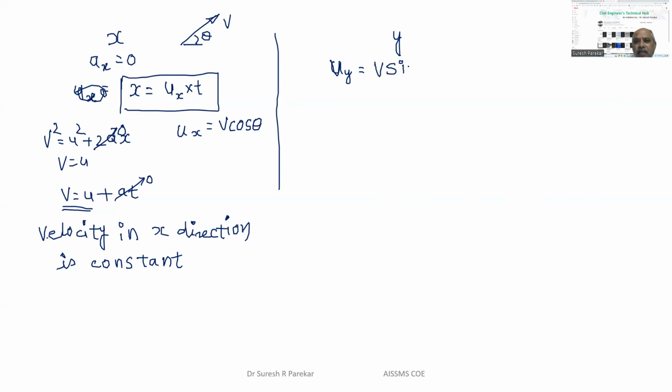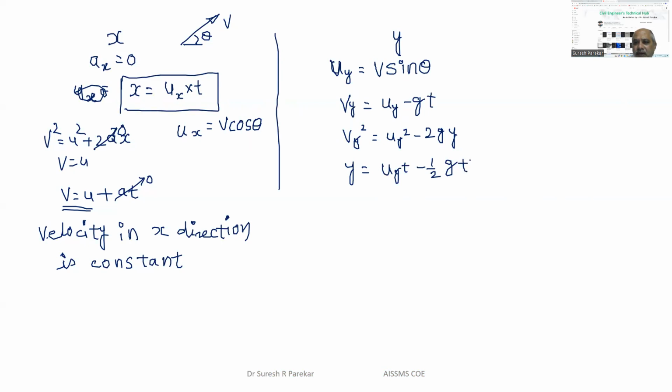And the same equations we have to use: vy is equal to uy minus gt, vy square equal to uy square minus 2gy, and y is equal to uyt minus half gt square. So these equations we have for motion under gravity.